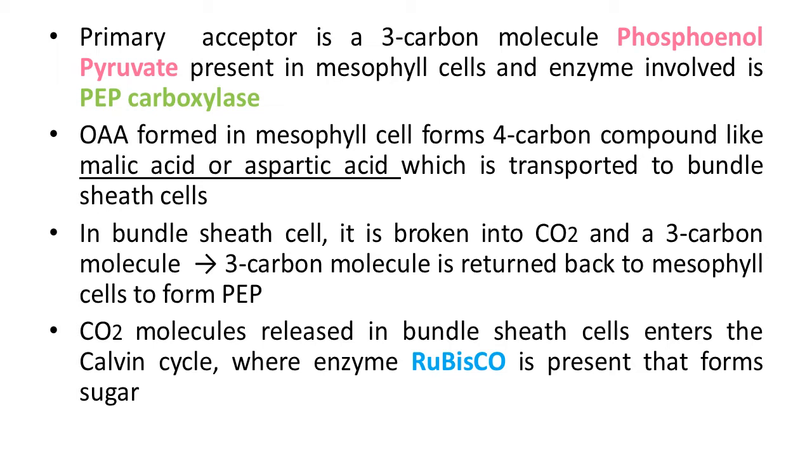Thus the basic pathway that results in the formation of sugars, the Calvin pathway, is common to C3 and C4 plants. So the C3 pathway or Calvin cycle, which is required for formation of sugar as a product of photosynthesis, is common to both C3 and C4 plants.